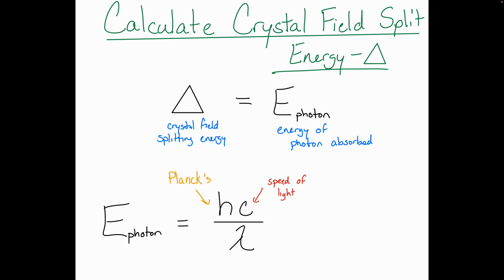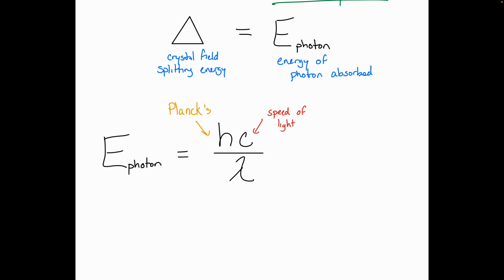What's our lambda? The wavelength. All right, and since H and C are both constants, the only thing that can vary here is that wavelength. All right, so the energy of a photon is inversely proportional to its wavelength.